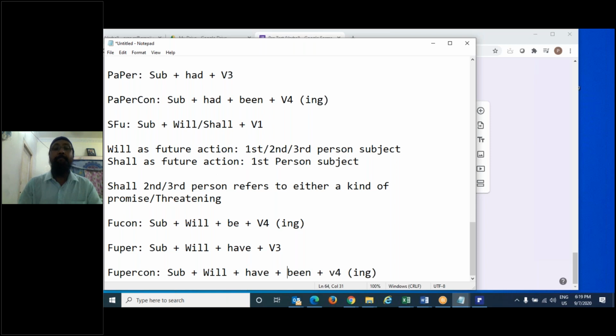So will have been or shall have been, I will have been, you will have been, or she will have been. When we use ing, that sounds little unusual. So this rule is a little confusing, but not to worry. You can see this is used very rarely, but just for the sake of knowledge, I thought of sharing with you.